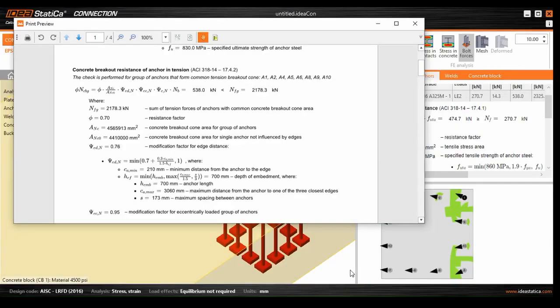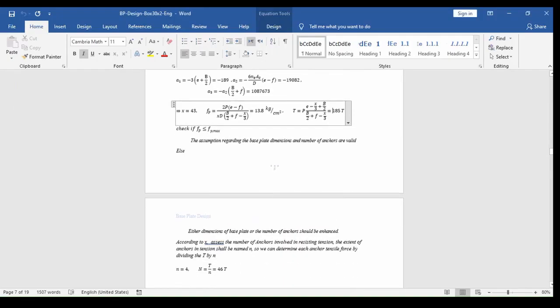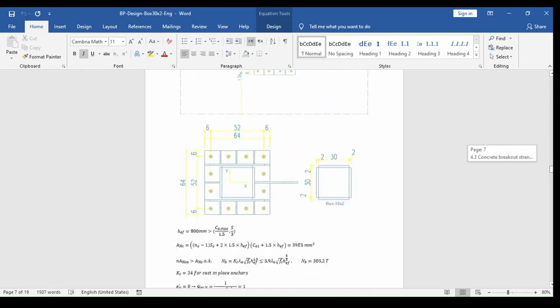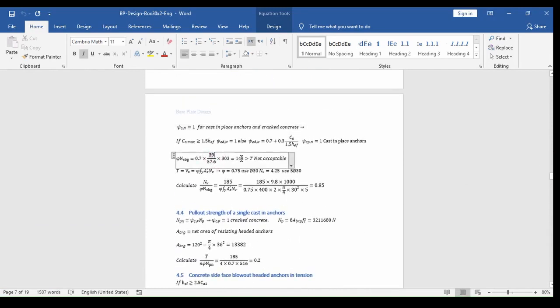So get back to IDEA again. Okay, you need to have this number, and then back to this file. Here in this part you have to put Ncbg equal to Vas, and then assume the diameter of reinforcement you want to use, A's, and solve the equation to find Nv.